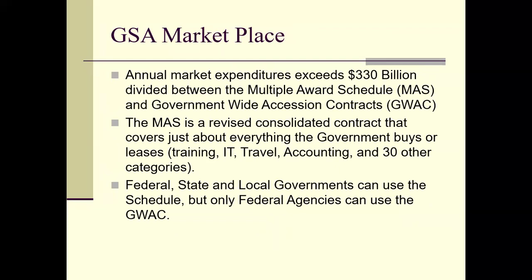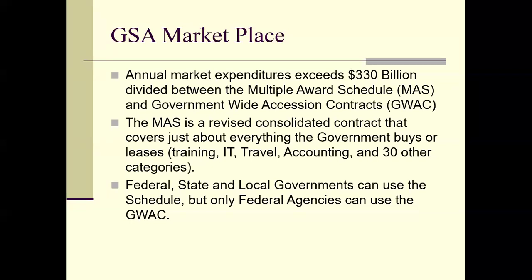And the MAS has been recently consolidated. So there used to be, you could have an IT contract, you could have a professional services contract, you could have a furniture contract, you could have a facilities management contract. But now what they've done is they've said, we want to give people just one contract number that covers a host of these different professional services, these 12 categories.